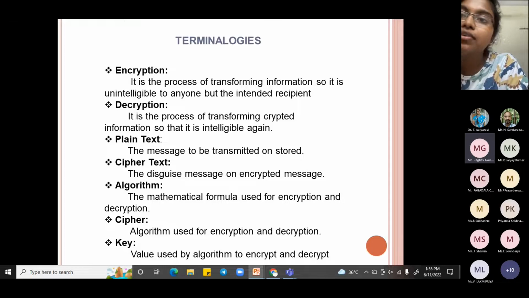Only we and the recipient know what that means. Then decryption: if there is a text like 1 2 3 4, we have to convert it into plain text. That is the decryption process. And plain text is the message that we want to convey to the recipient.